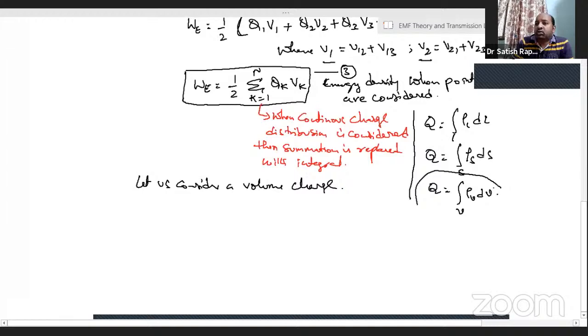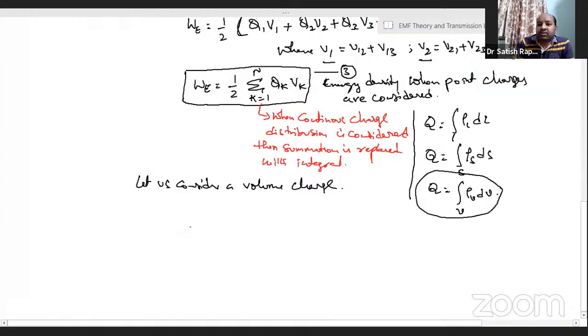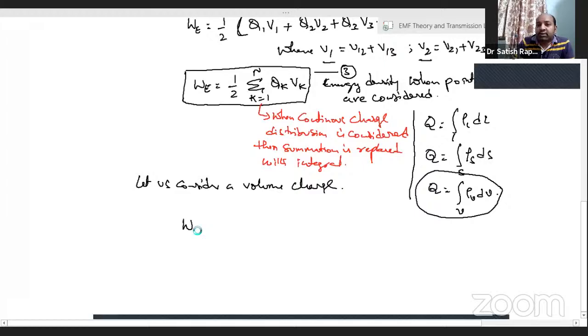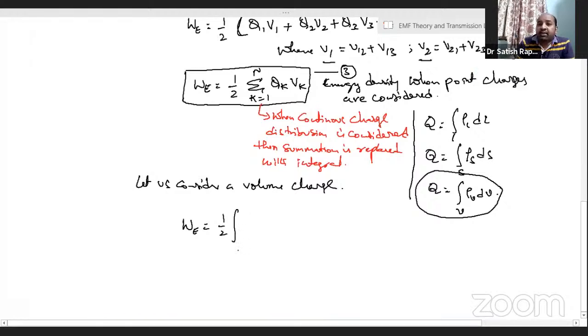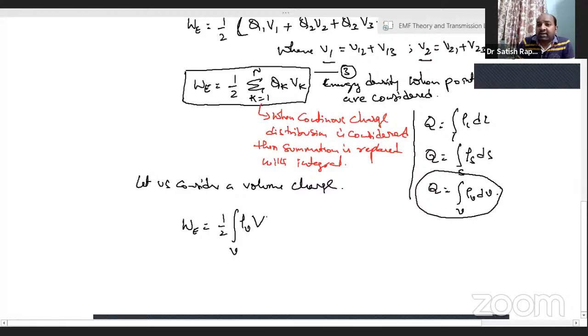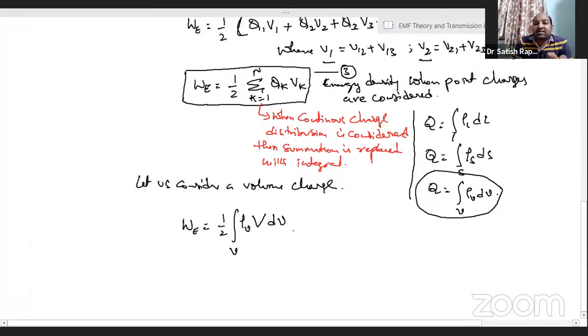Q is equal to volume integral rho v dv, right? So therefore, the work done WE is equal to half volume integral rho v into V dv, right?